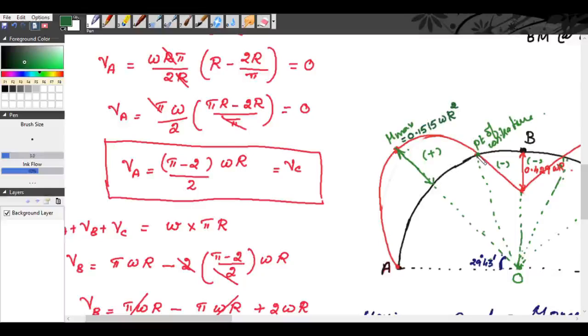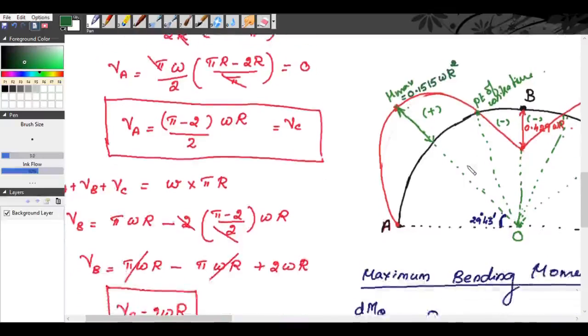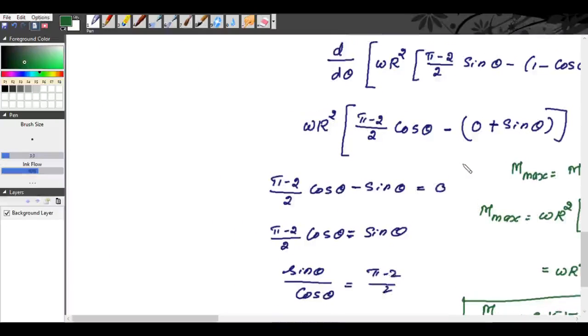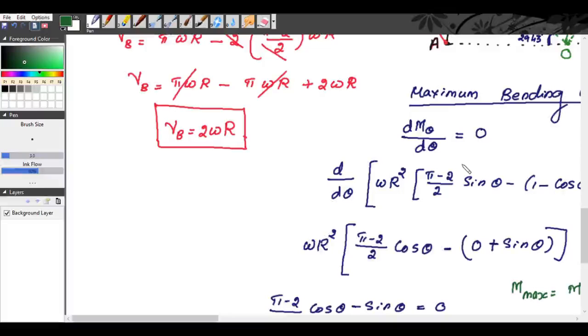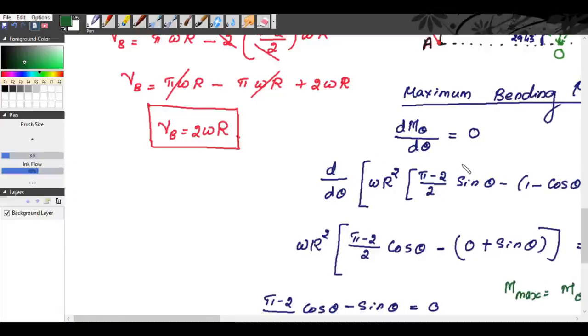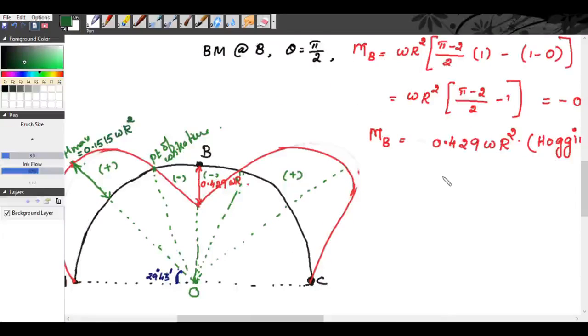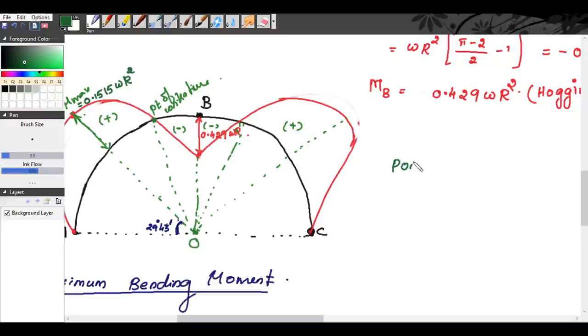Point of contraflexion is the point where the bending moment changes its sign from positive to negative. So at this point, bending moment is equal to 0. So we will find the angle theta for which the bending moment is equal to 0. So now we are going to find the point of contraflexion.